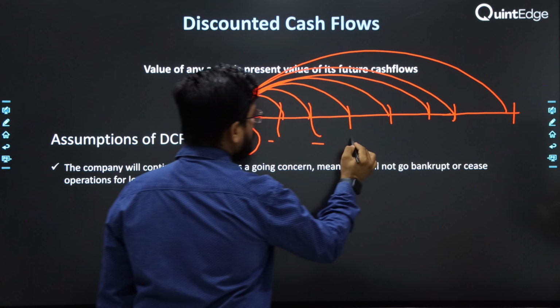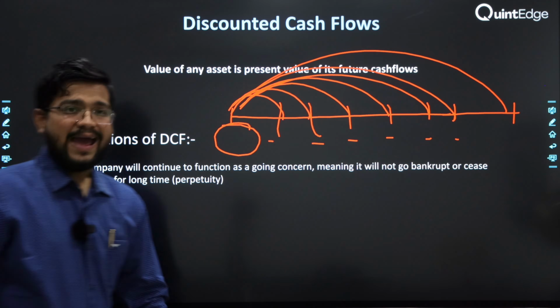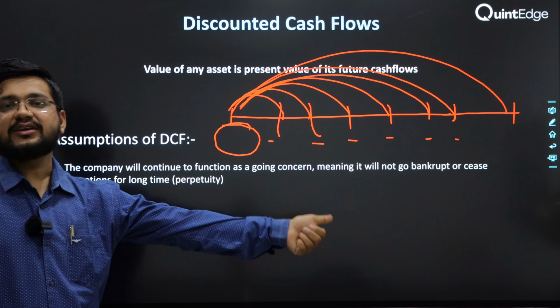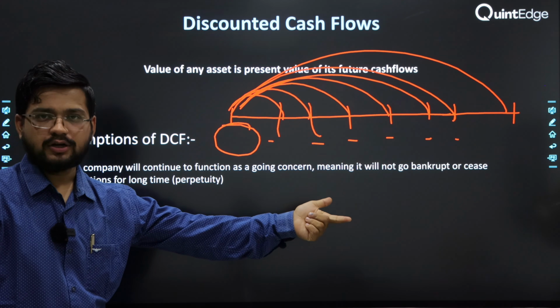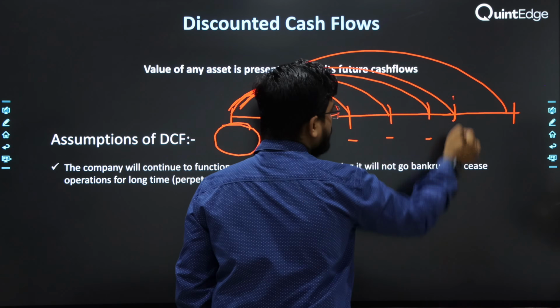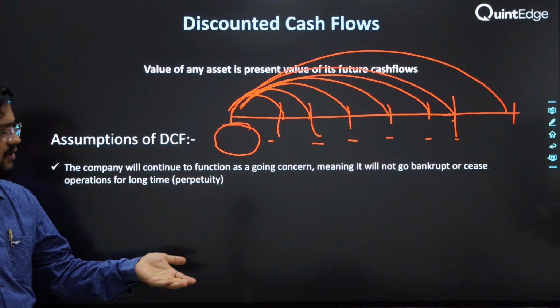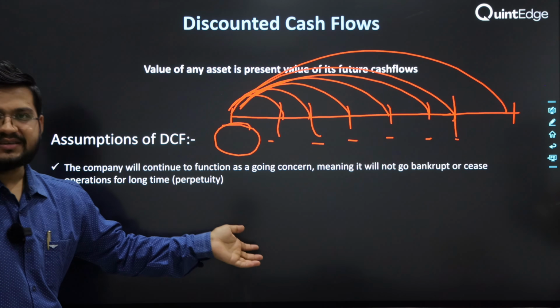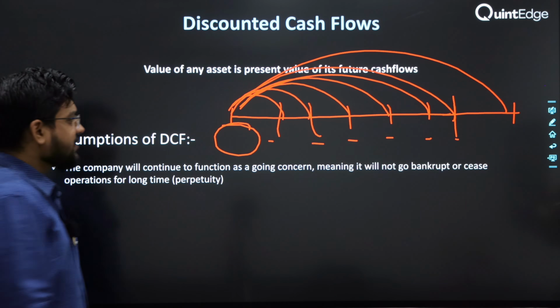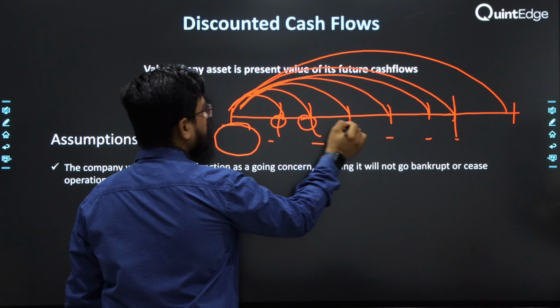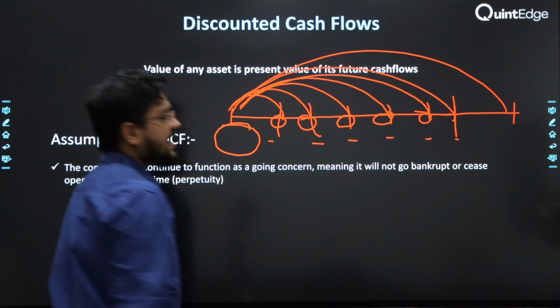So this cash flow forecasting is very necessary, and the company will continue its operations for the foreseeable future, for the very long term. Otherwise, if the company is going to generate cash flows for the next 2, 3, 4 years, firstly, you should not be investing in it. In case you want to invest in it, then simply calculate the present value of these cash flows and add them together.